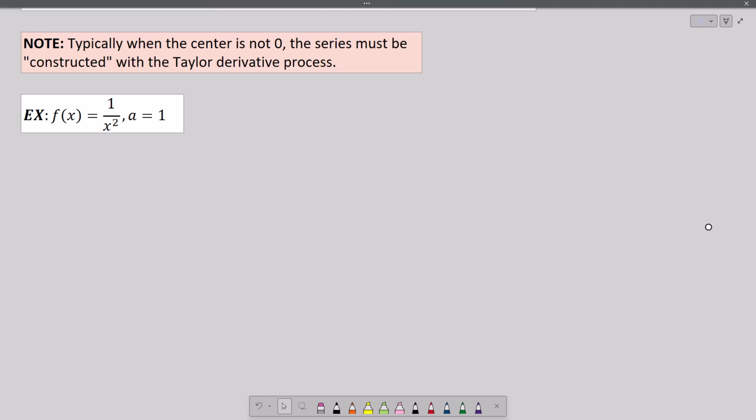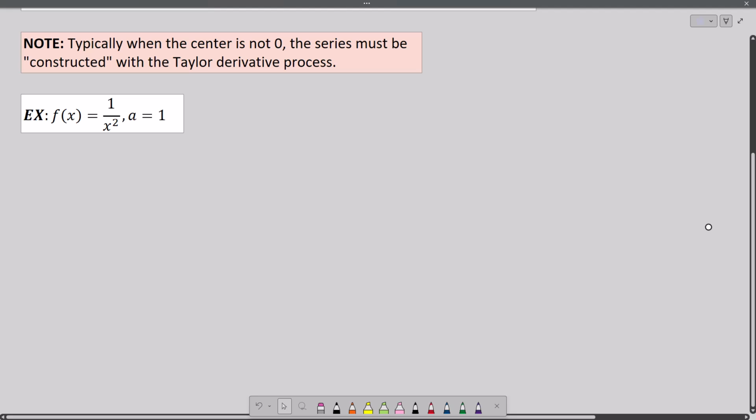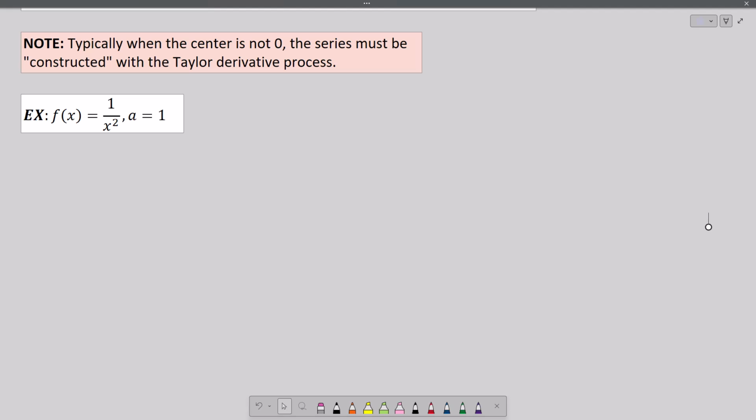There's things that you can do when it's centered at 0. When it's not centered at 0, 99% of the time, you're just pulling out the tools and start differentiating and do that whole table thing that we did for Taylor polynomials. So we see here, oh, center is 0. Don't even think about trying to use an existing series. If the center is not 0, start differentiating.